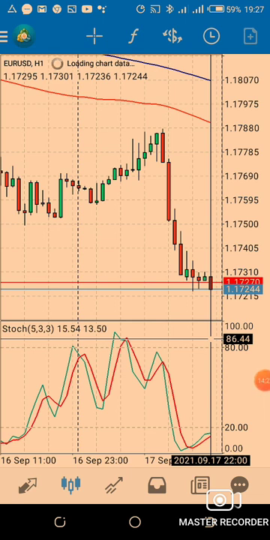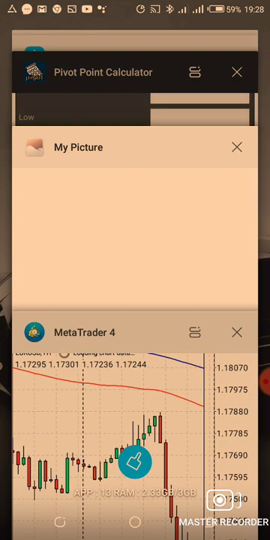Don't forget I told you that the high is 1.17312. The low is 1.17236 and the close is 1.17244. So these are the values I'll be inputting on my pivot points. Now let me do that so that you can see it.